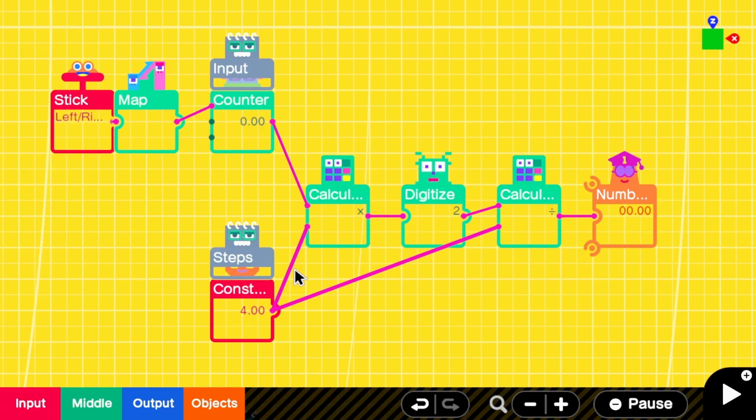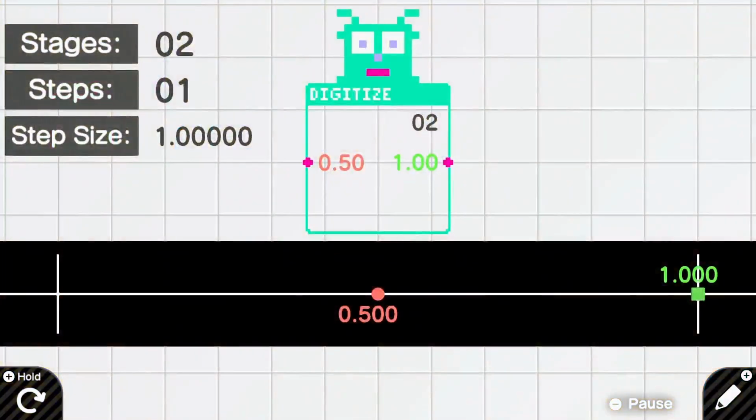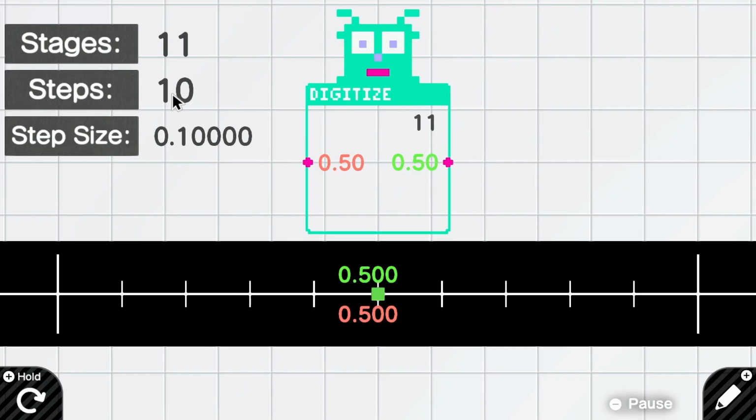Now, okay, we can set it to whatever steps that we want, but thinking about numbers in steps is a little bit unintuitive. So can we change it to, let's say, step size instead? I already know that step size is basically just 1 divided by the number of steps.